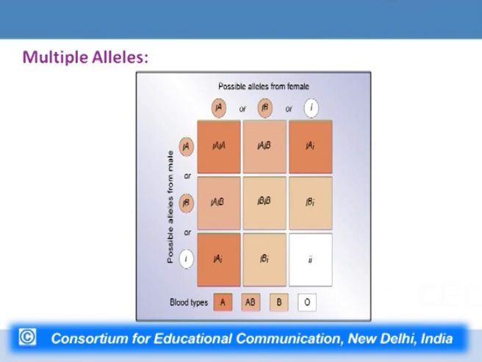So, this particular figure shows how different genotypes are formed in individuals and what particular blood type they will result in.